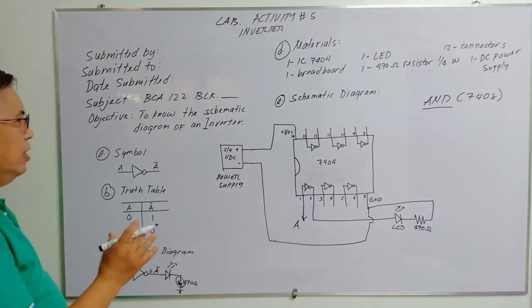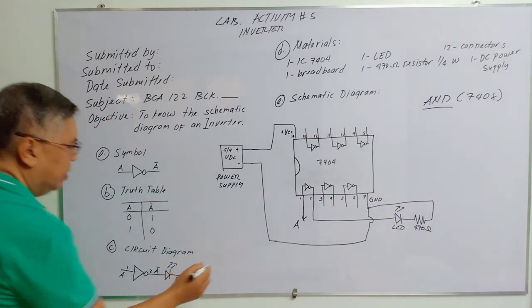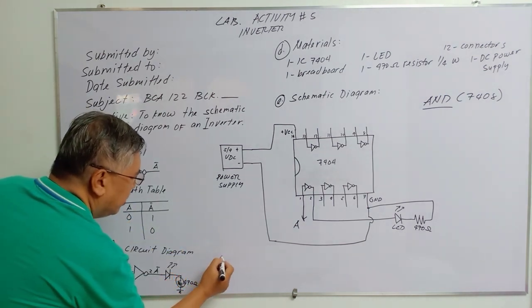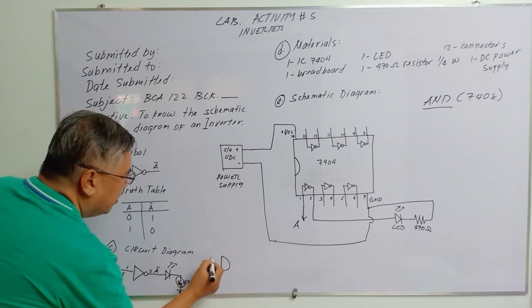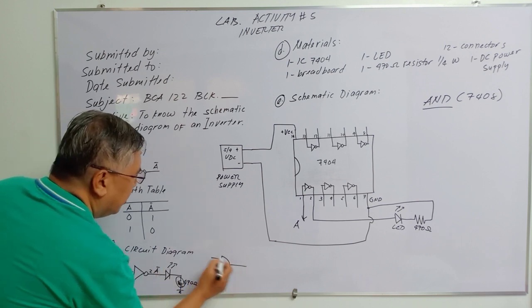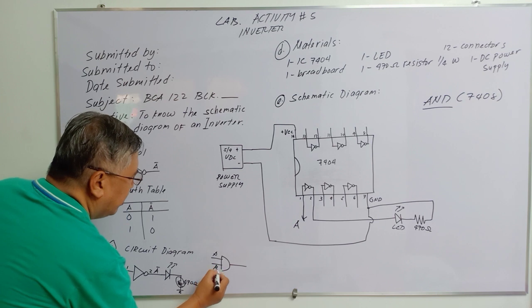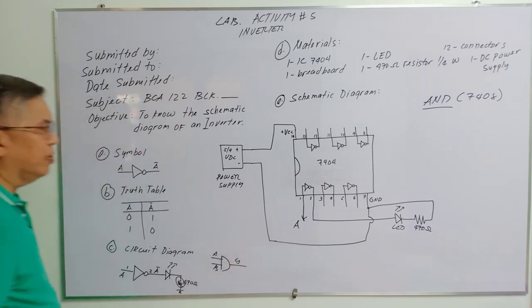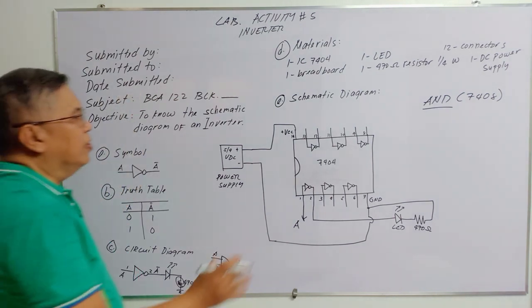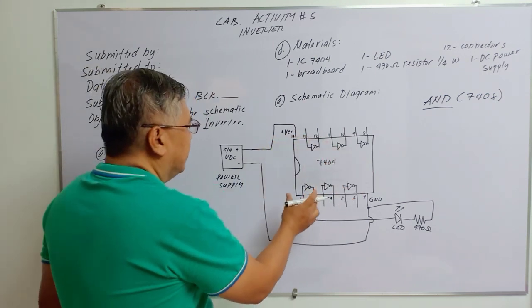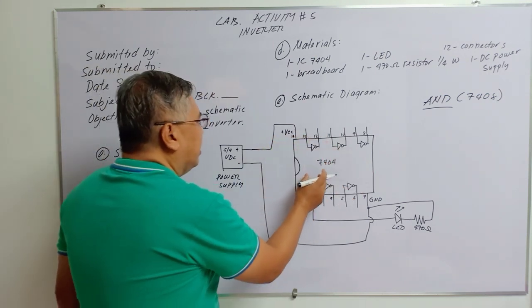Okay? So if you notice, in your AND gate, this will be your circuit diagram. You have 2 inputs, say input A and B, and then you have an output Y. In your schematic diagram 7408, there will be an AND gate here.